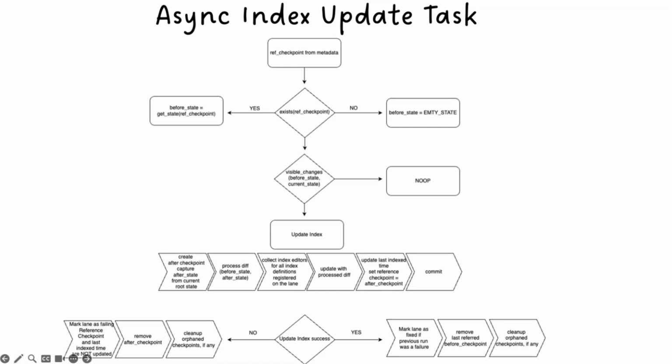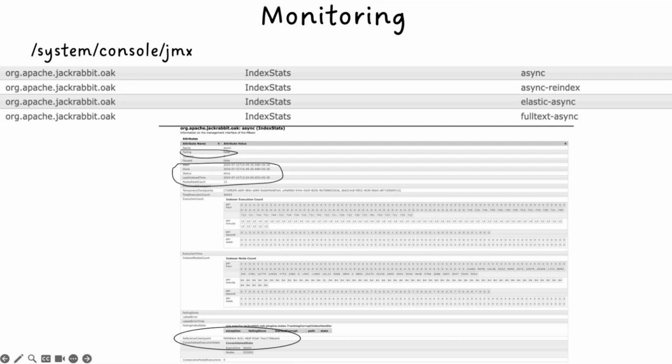So now that we've understood how the async index update process works, we'll see how we can monitor the same. We have statistics exposed in JMX, which can be used to monitor the state of the async indexing lanes. These JMX beans show information such as when the lane was last updated, what is its current status, is it passing or failing by any chance, if it is paused or not, how many updates it has processed, what is the last reference checkpoint, etc. These are very useful when we need to diagnose any potential issues with async indexing.